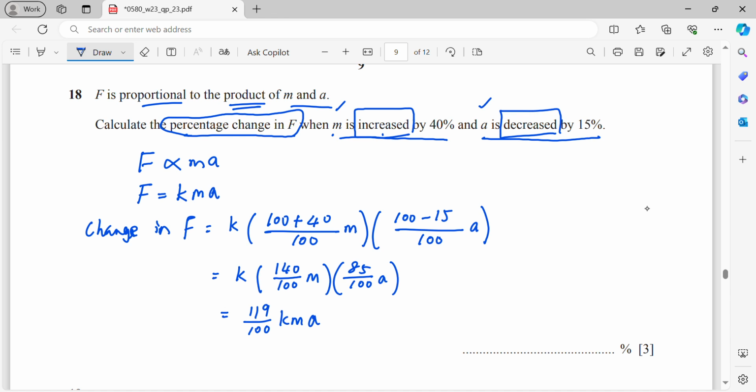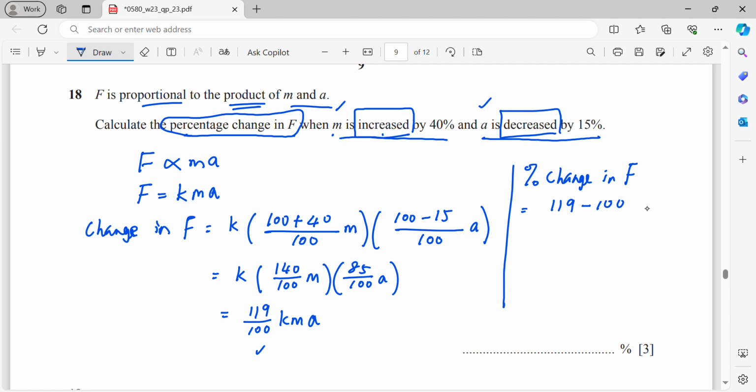So for the percentage change in f, we need to times 100%. Now the percentage change in f will be, here I get 119 minus 100, because 119 over 100 means that it has increased by 19%, right?